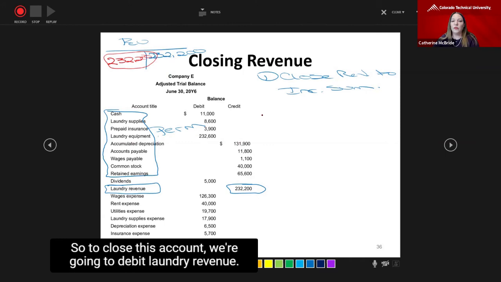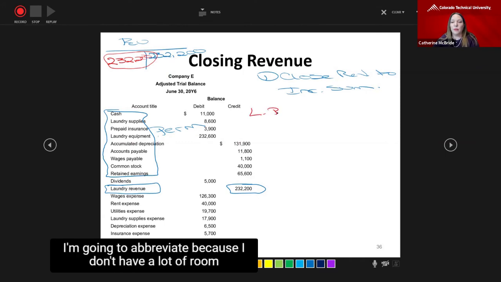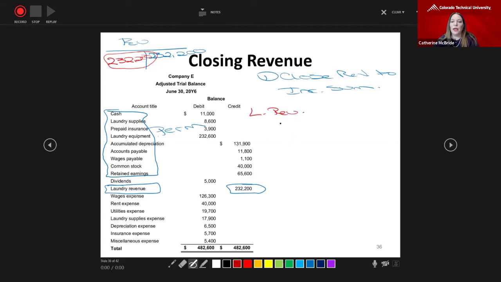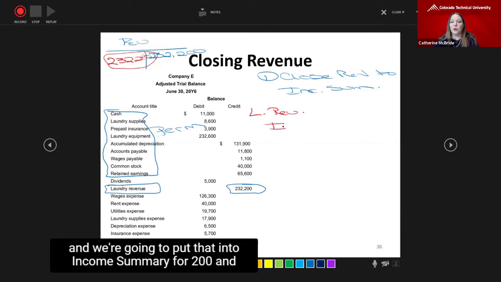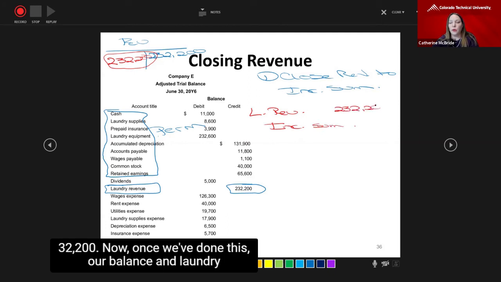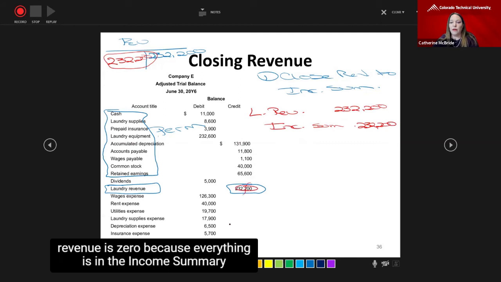So to close this account, we're going to debit laundry revenue, I'm going to abbreviate because I don't have a lot of room, and we're going to put that into income summary for $232,200. Now, once we've done this, our balance in laundry revenue is zero because everything's in the income summary account.